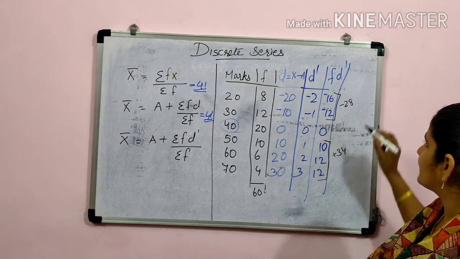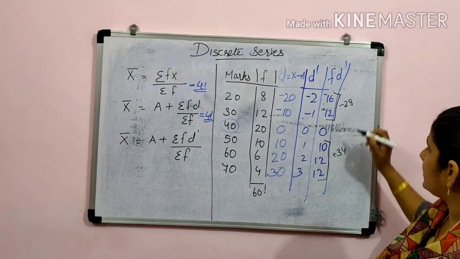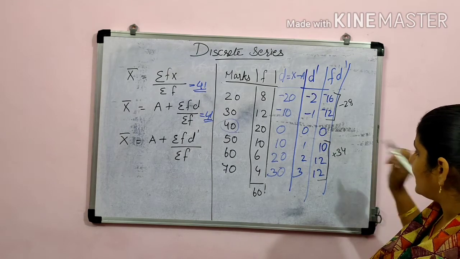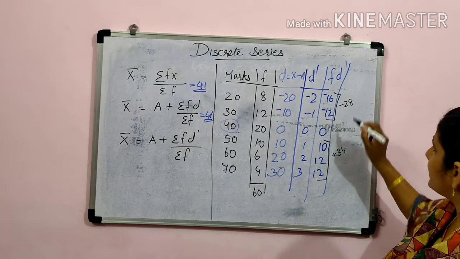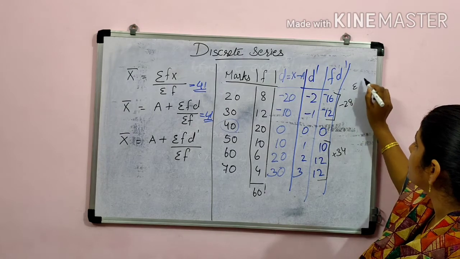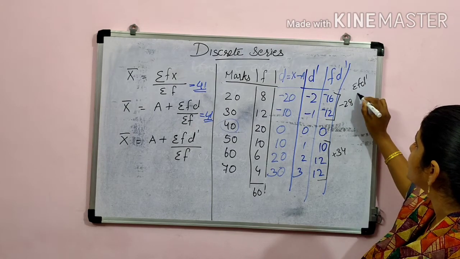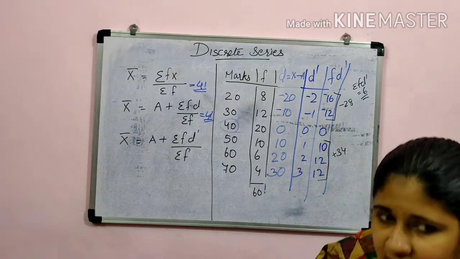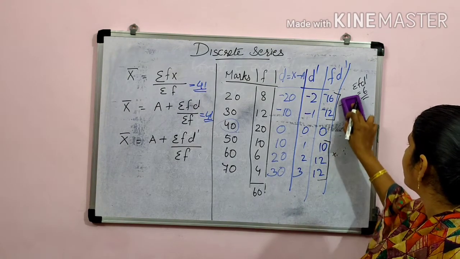Now what is the difference between 28 and 34? The difference is 6. Now we can say that summation of f d dash is equal to 6.